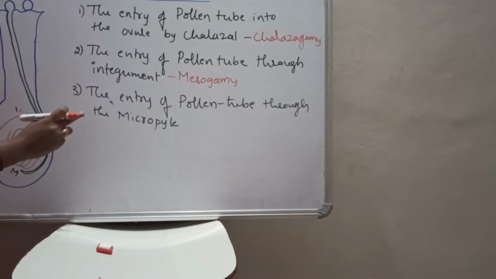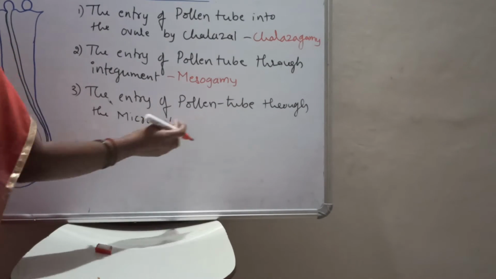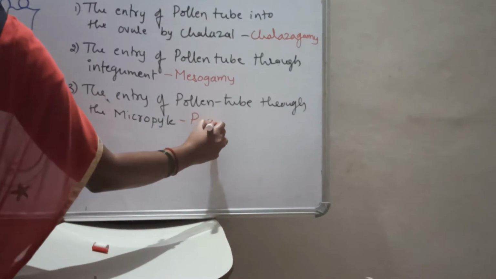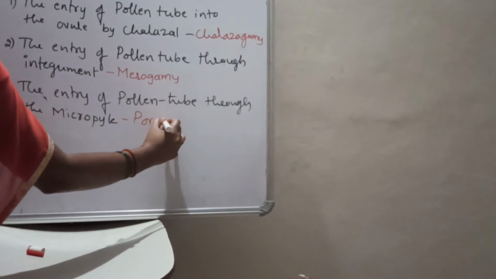And the third possibility, the entry of the pollen tube through the micropylar region, is called porogamy.